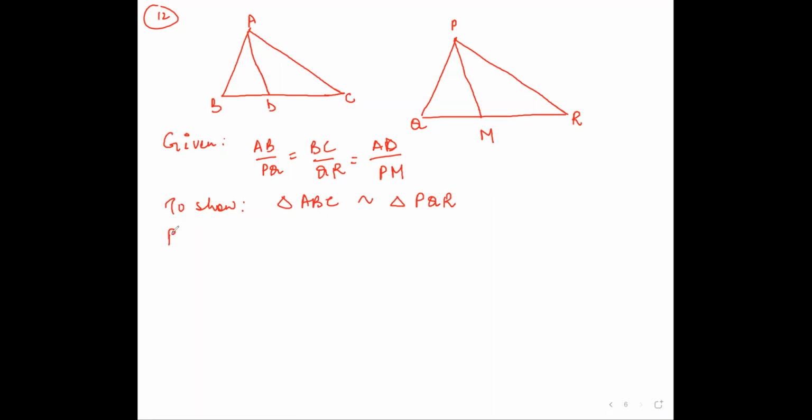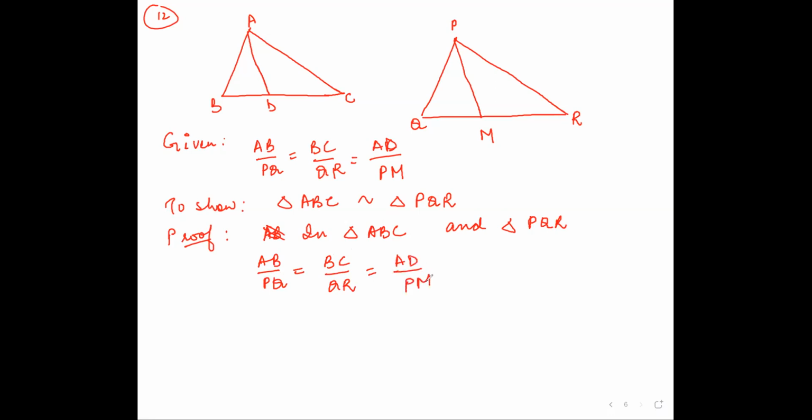So let's do the proof. If I start with the given condition, in triangle ABC and triangle PQR, it is given that AB upon PQ is equal to BC upon QR is equal to AD upon PM, right?